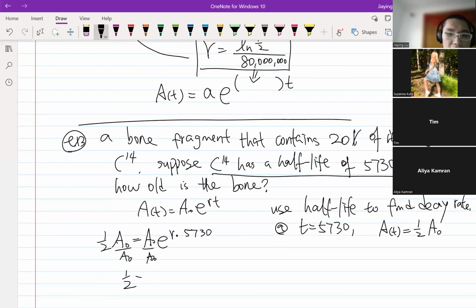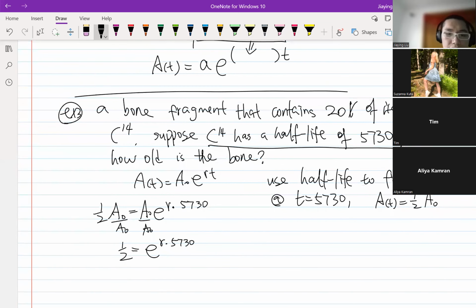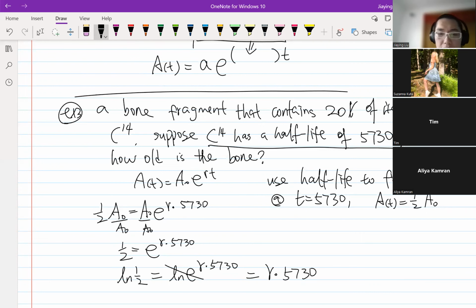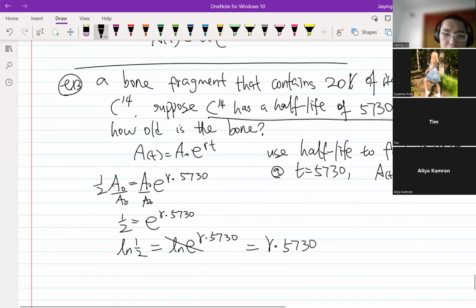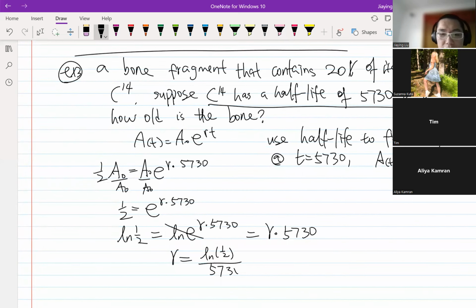So we get 1/2 equals e raised to the r times 5,730. Now I'm going to take the natural log on both sides. So I get natural log of 1/2 equals natural log of base e to the r times 5,730. That cancels, giving me r times 5,730. And I can get the exponential decay rate: r equals natural log of 1/2 divided by 5,730.